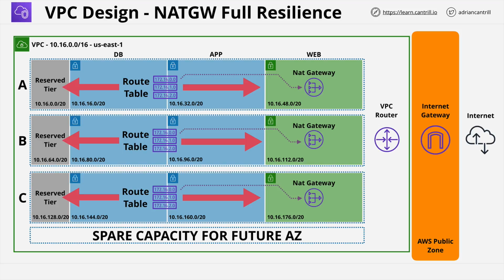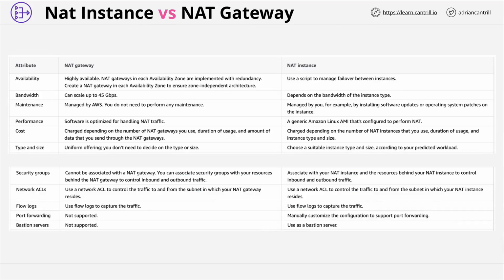But if the whole AZ fails, there is no failover. You provision a NAT gateway into a specific availability zone, not the region. It's not like the internet gateway, which by default is region resilient. For a NAT gateway, you have to deploy one into each AZ that you use if you need that region resilience.